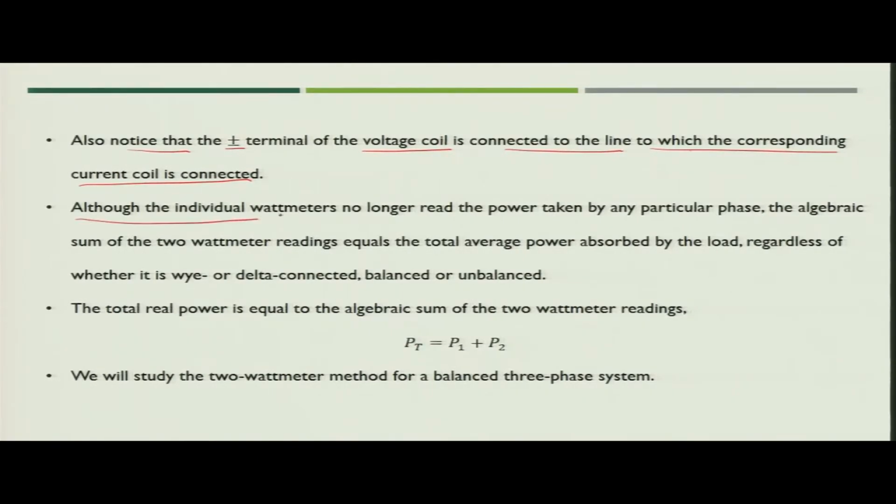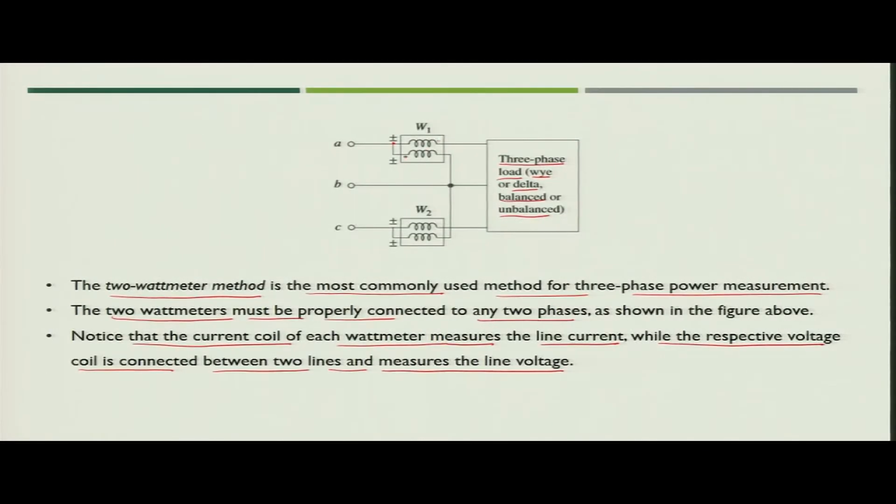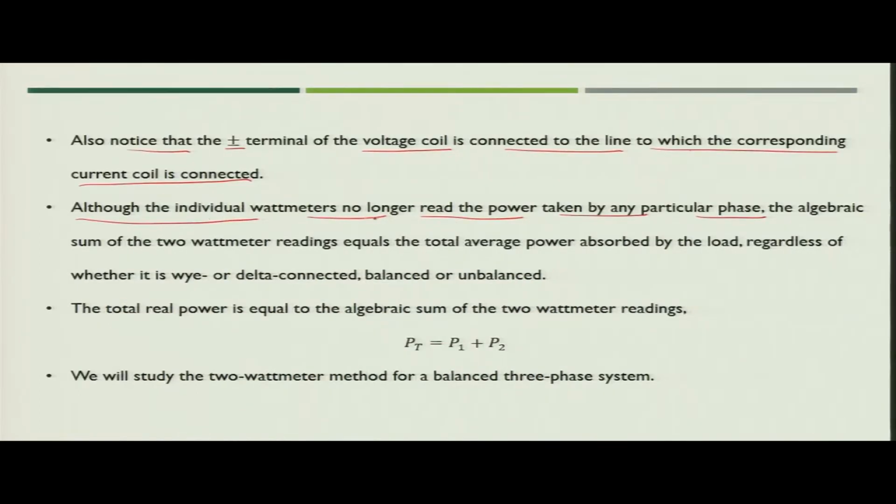Now, although the individual wattmeters no longer read power taken by any particular phase, because the voltage which is coming across the potential coil is not the per phase voltage, the individual wattmeters will not give you the reading of power consumed in a particular phase where it is connected.